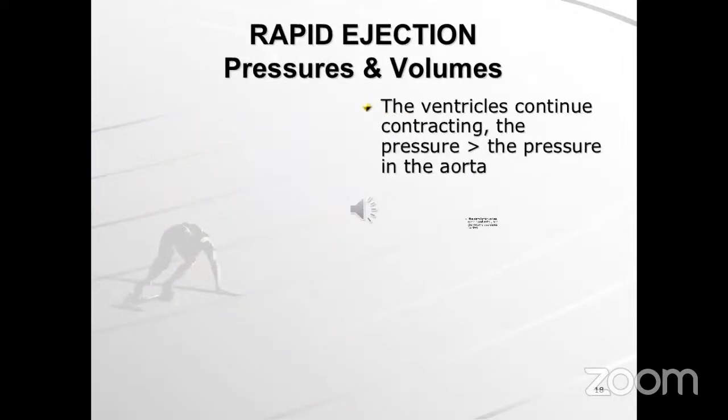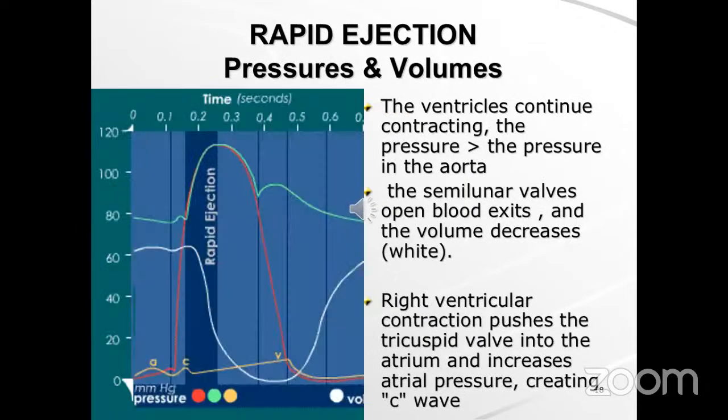The ventricle continues to contract and the pressure is more than the pressure in the aorta, so the volume suddenly decreases, see the white line, and the right ventricular contraction pushes the tricuspid valve into the atrium. That is another change. Let's see in the diagram.